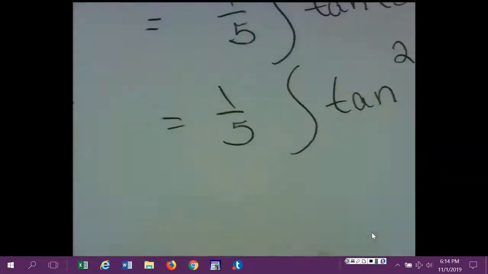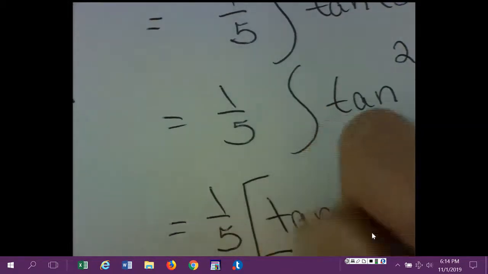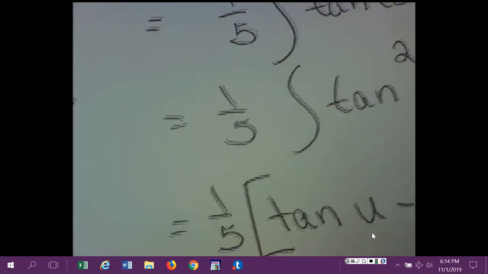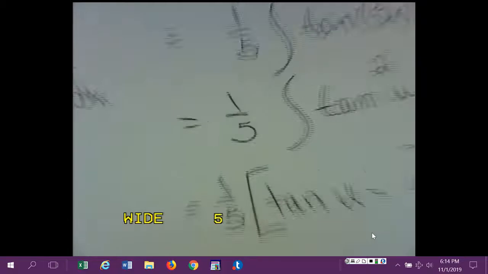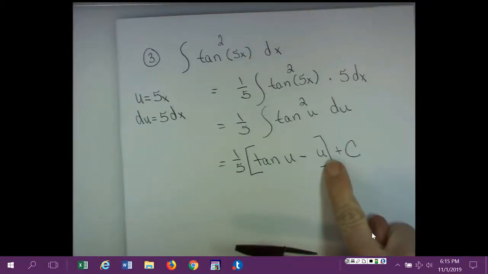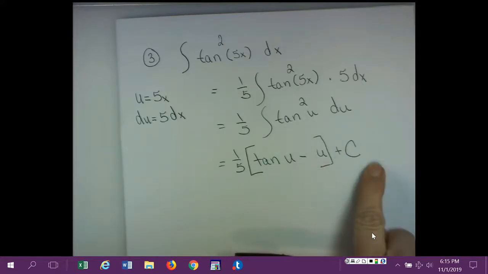So I'm going to do that here. And I started to put the plus c on the inside of the brackets. If you do that, that's okay. But if you put the c on the inside of the brackets, make it plus c sub 1, and then 1/5 times c sub 1 in the very end is going to be an overall plus c.